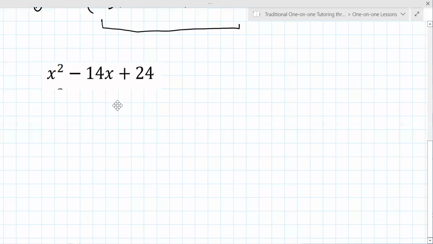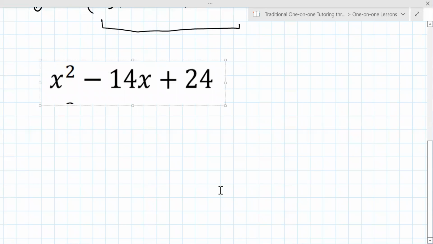Okay, how about, do you remember how to factor something like this? Yes. Okay. So I'll help her a little bit. You're looking for two numbers that multiply to 24, the last number, but add to negative 14.